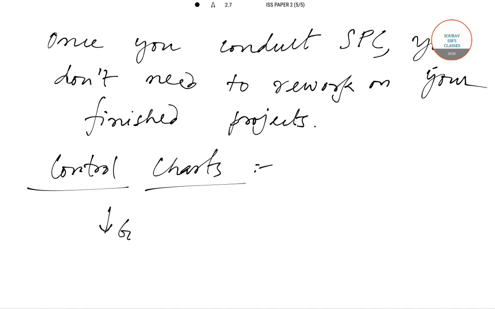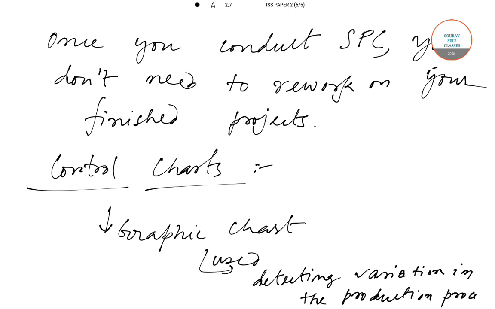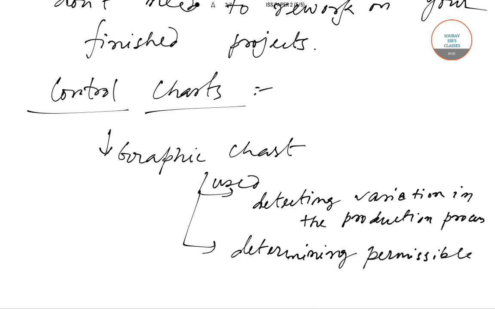So it is nothing but a graphic chart which is used for detecting the variation in the production process, and also it helps in determining the permissible limits of variation.